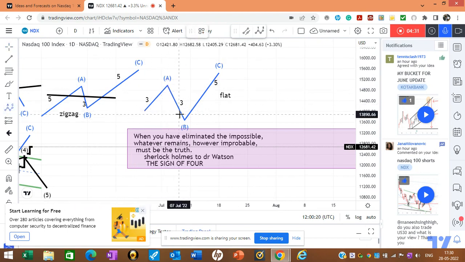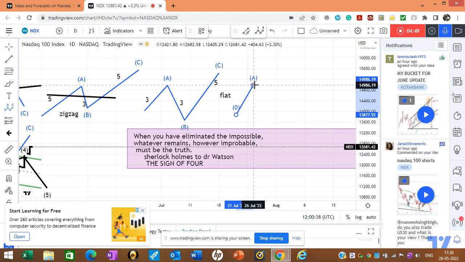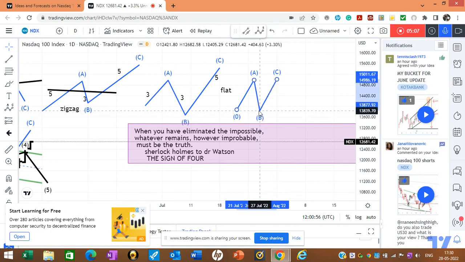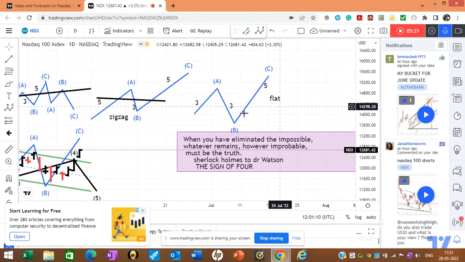This is an expanded flat, where wave B goes beyond wave A, and wave C goes beyond the end of wave A. In both cases, both waves are beyond the start and the end of wave A. The second type of flat correction is a running flat, where wave B goes beyond the start of wave A, and wave C does not go beyond the end of wave A. The regular flat is where wave B slightly goes beyond the start of wave A, and wave C is almost equal to wave A. This is the third kind of flat correction, which is called a regular flat. So I'm removing this and concentrating on this correction.